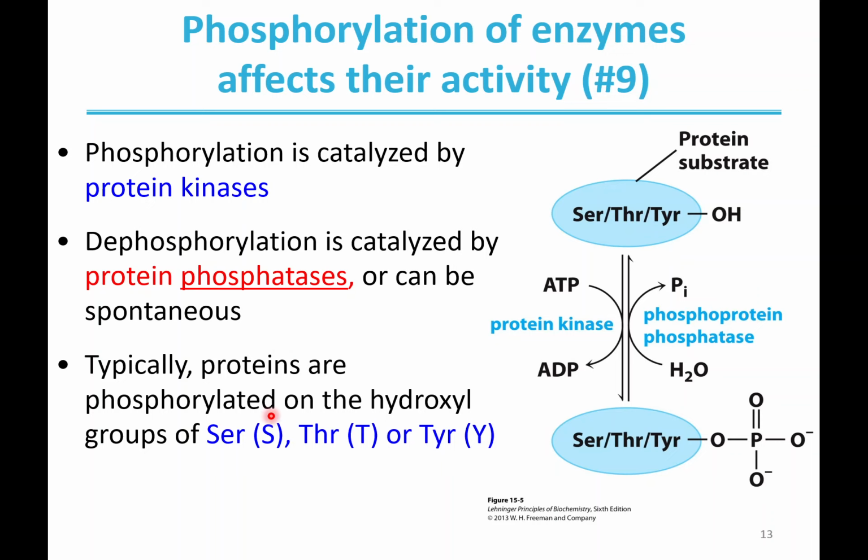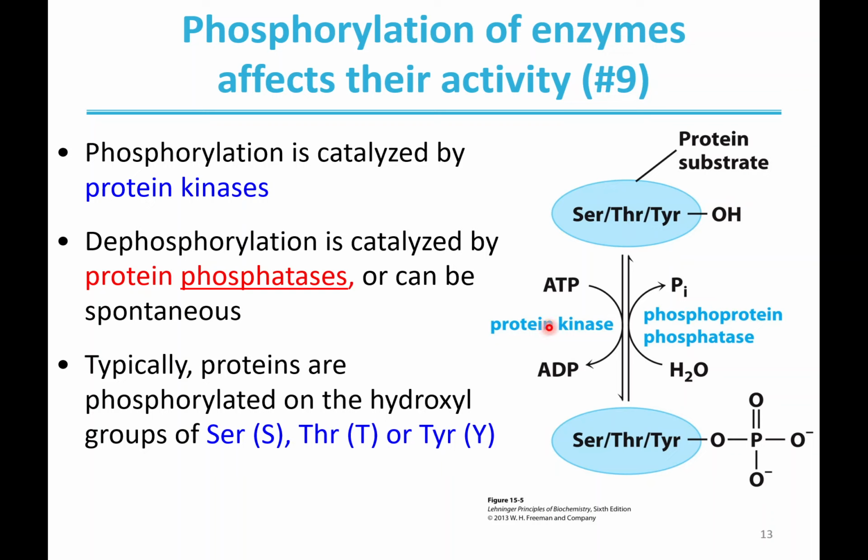Typically, proteins are going to be phosphorylated on hydroxyl groups, and remember, amino acid side chains that have hydroxyl groups are serine, threonine, and tyrosine. So here we have a protein that can be phosphorylated, and it has a free hydroxyl group.